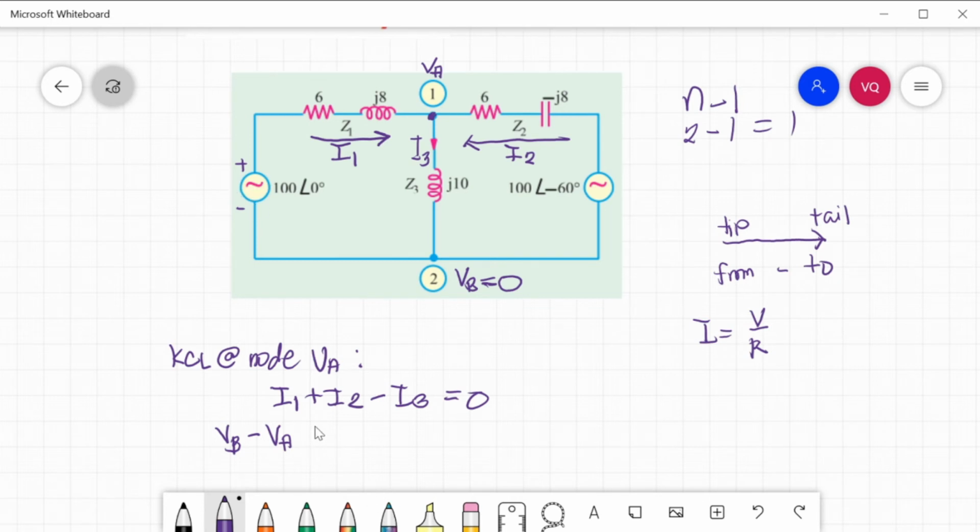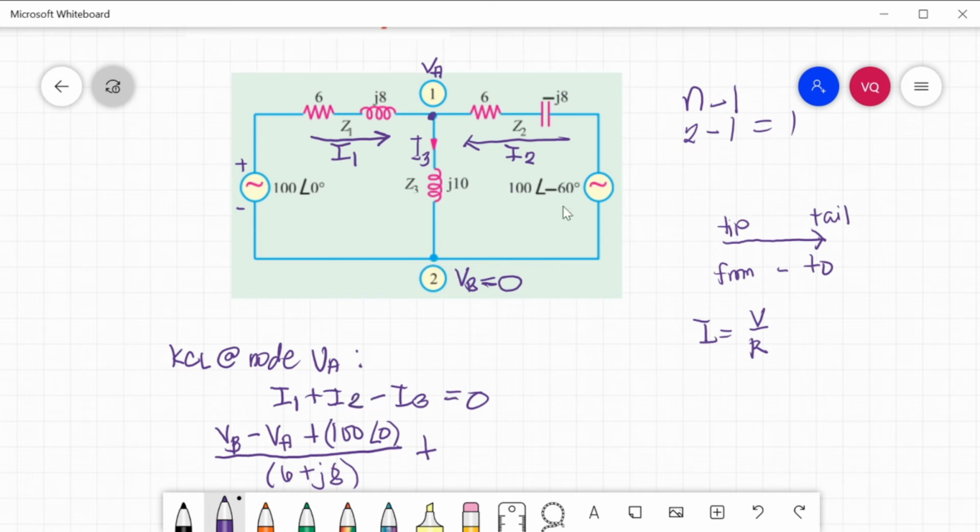So that is positive 100 angle 0 divided by the connecting impedance between these two nodes, that is impedance 1, 6 plus J8, plus I2. What will be the equation of this?